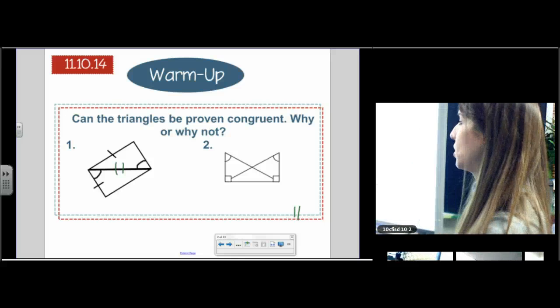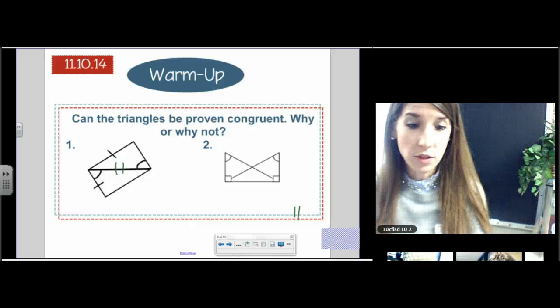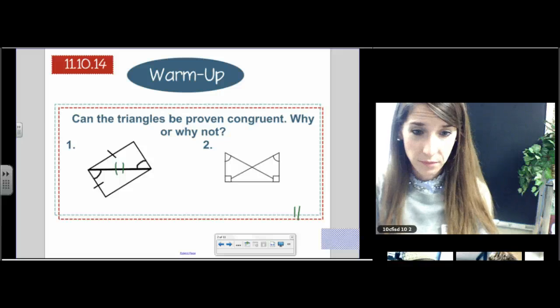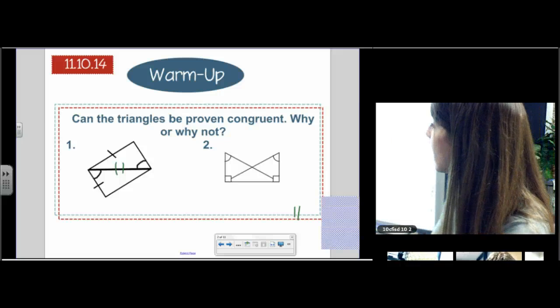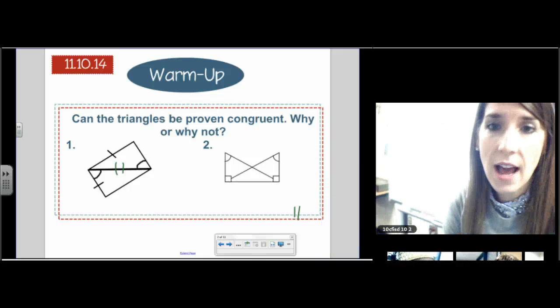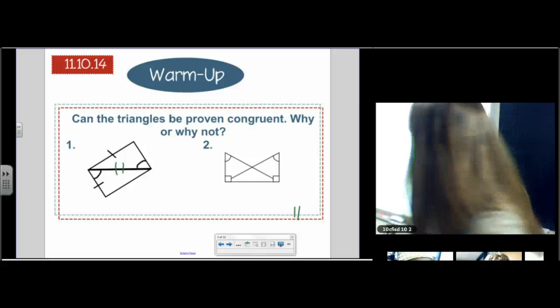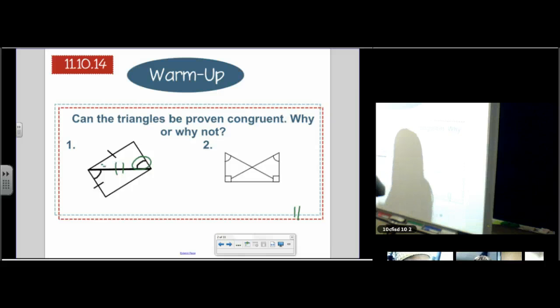So in this picture, unfortunately, those triangles do not match. Do you see how they don't match? The first one has a side and an angle, but the angle is not between the sides, where it should be.